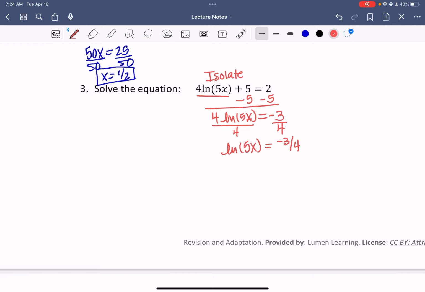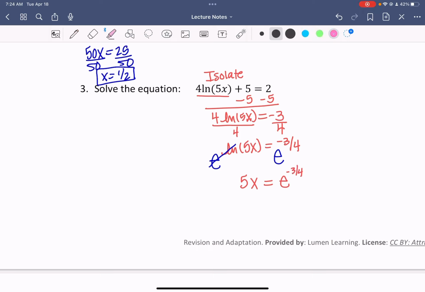Now, here I can either change it to an exponential, or if you remember, e and ln are inverse properties of each other. So to cancel that ln, I'm going to e both sides. That means this would cancel, and I would be left with 5x equal to e to the negative 3/4, which is just a number.